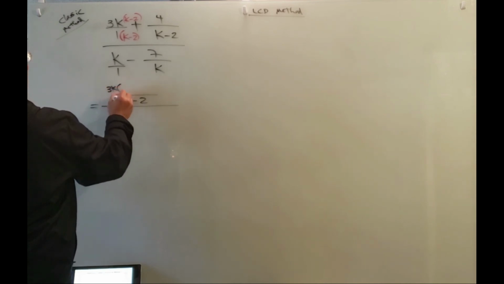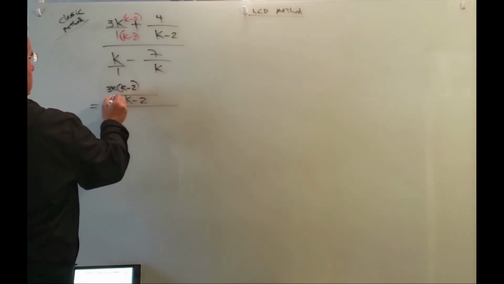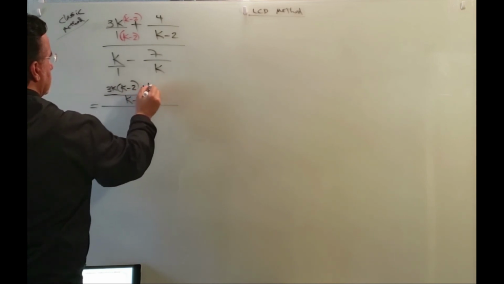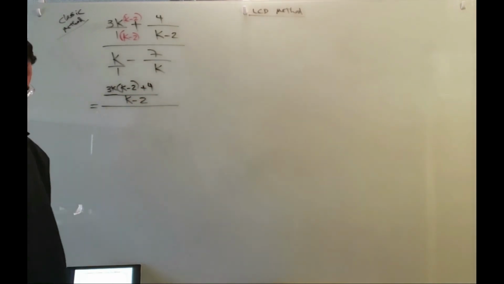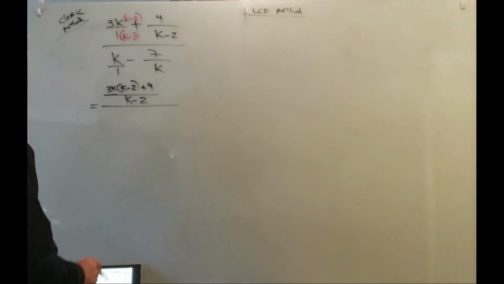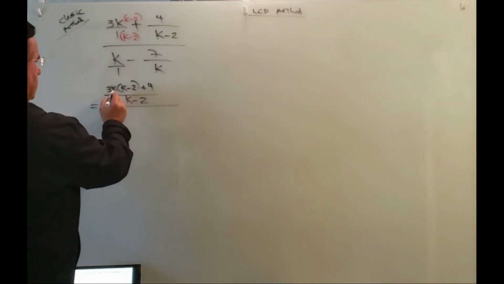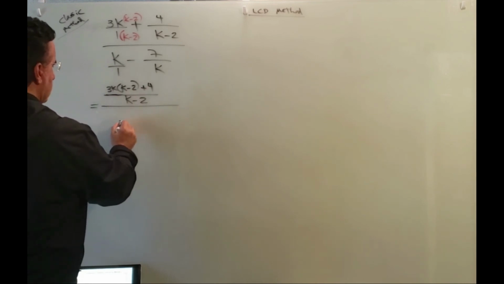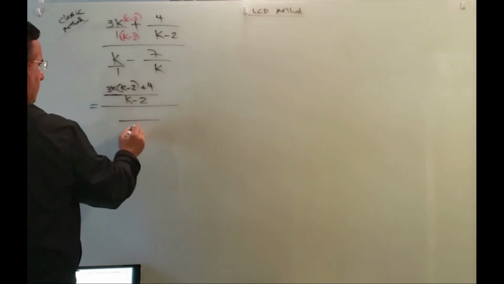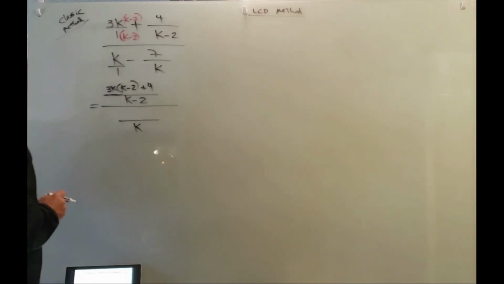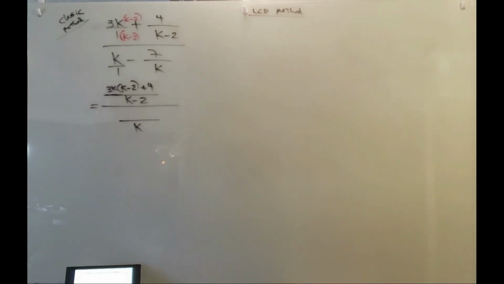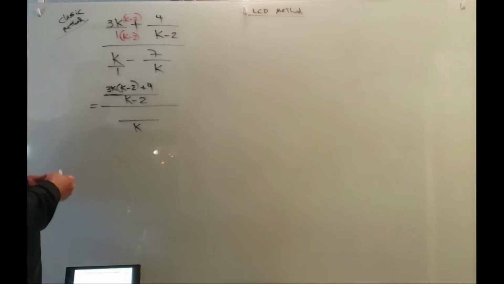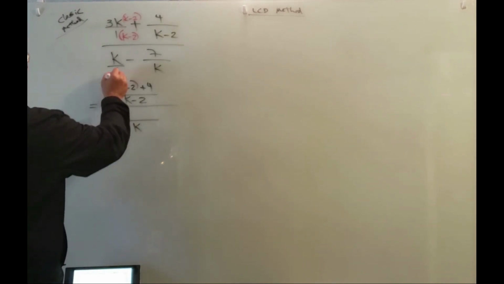So we end up with 3k times k minus 2, and then plus 4. And down here, we have a common denominator of k. And in order to turn this 1 into k, notice we need to multiply by k.